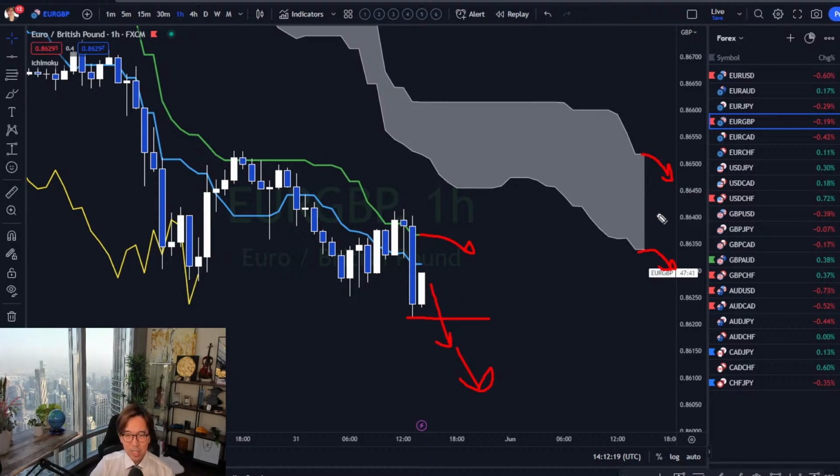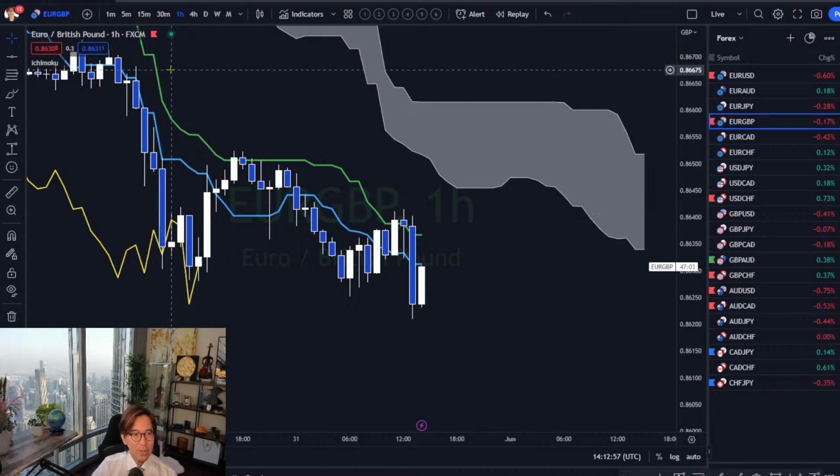Because when I see Kumo down and Kijun Sen down while the market consolidates, that's when sellers become dominant, and I expect the market breaks the support and goes down. So that's when I look for the selling opportunity. Again, I wait for the Kumo and Kijun Sen down. But now they are flat, so this is the situation where I don't enter a trade.